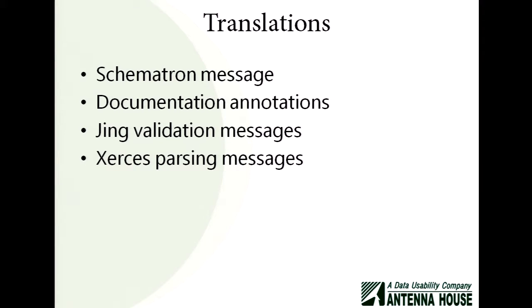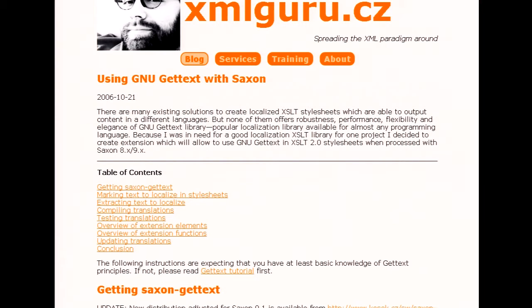So I'm also getting Jing and Xerces messages translated into Japanese, just so that if you're a Japanese user, you get the complete package of messages. So looking at how to do the translation of the Schematron, you saw in the earlier presentation about what was the problem with Schematron's built-in localization.